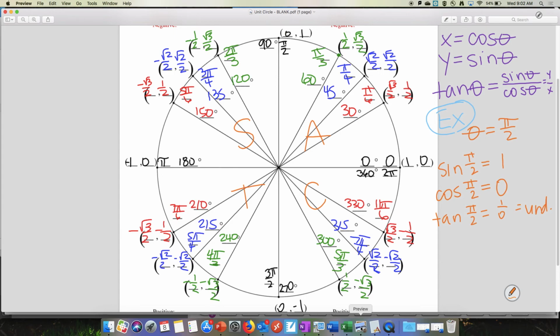All right. Now let's talk about our reciprocals. Cosecant is the reciprocal of sine. Well, that's just one. But what if I ask you about secant? The secant of pi over 2 is the reciprocal of cosine. Reciprocal means 1 over whatever it was. Well, what's the reciprocal of 0? Undefined.